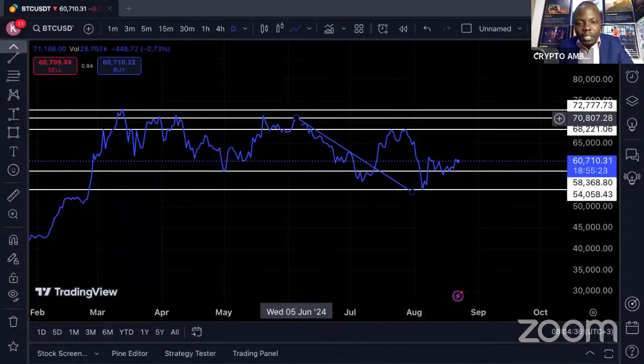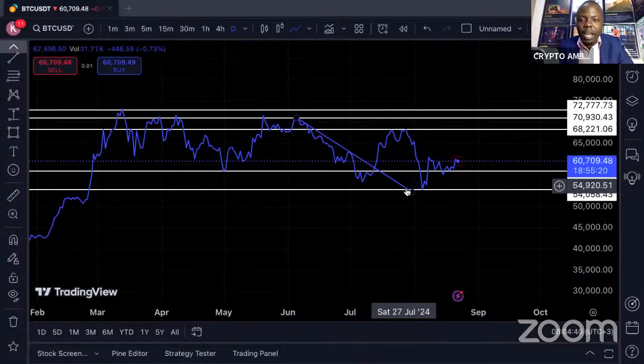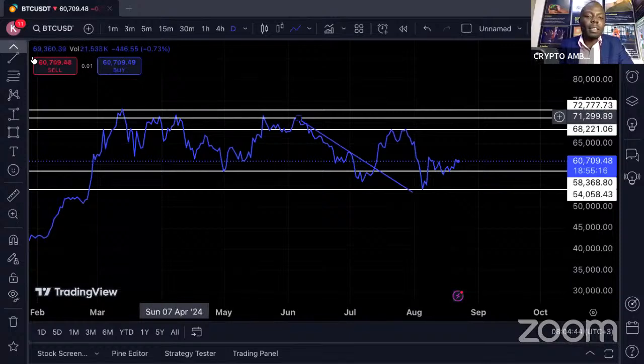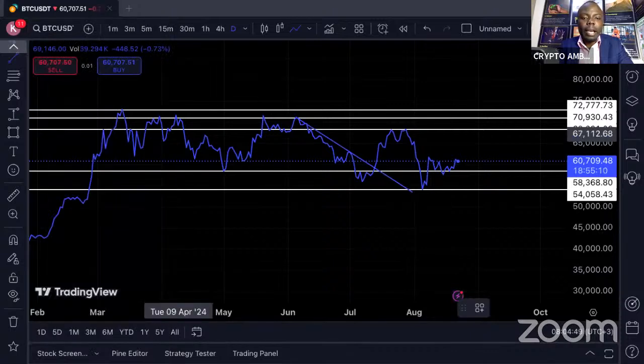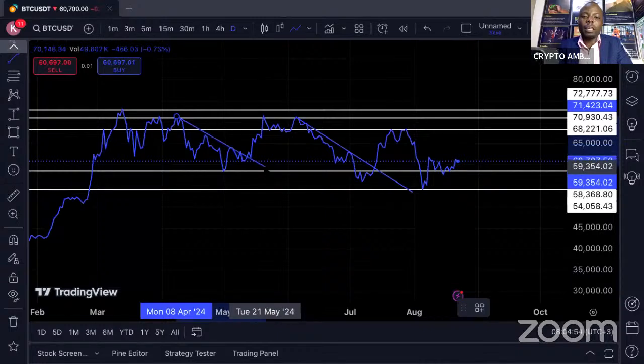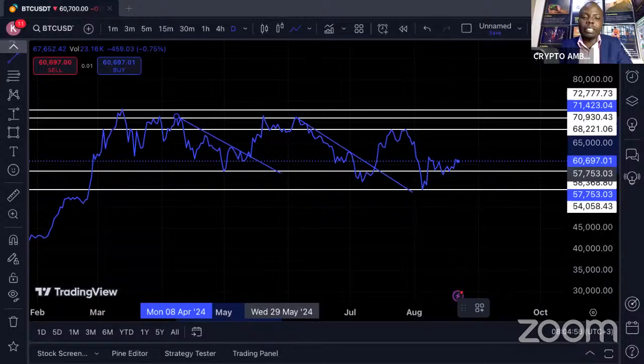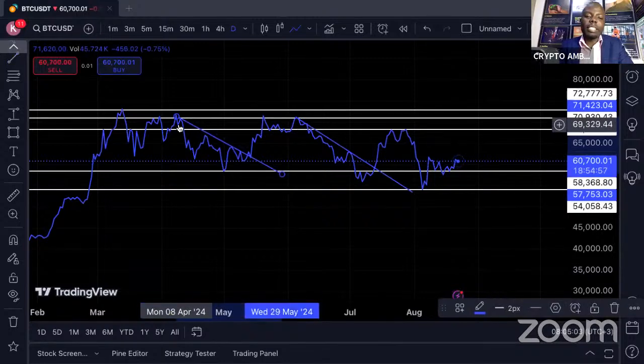So I touch this V, I touch this V, I touch this V, and I stretch the line. The same thing here. I'll pick my trend line, put it at the highest point, and stretch it freely, just to make sure that I have 1 or 2 touches. I touch here, here, and there, and I'm done.